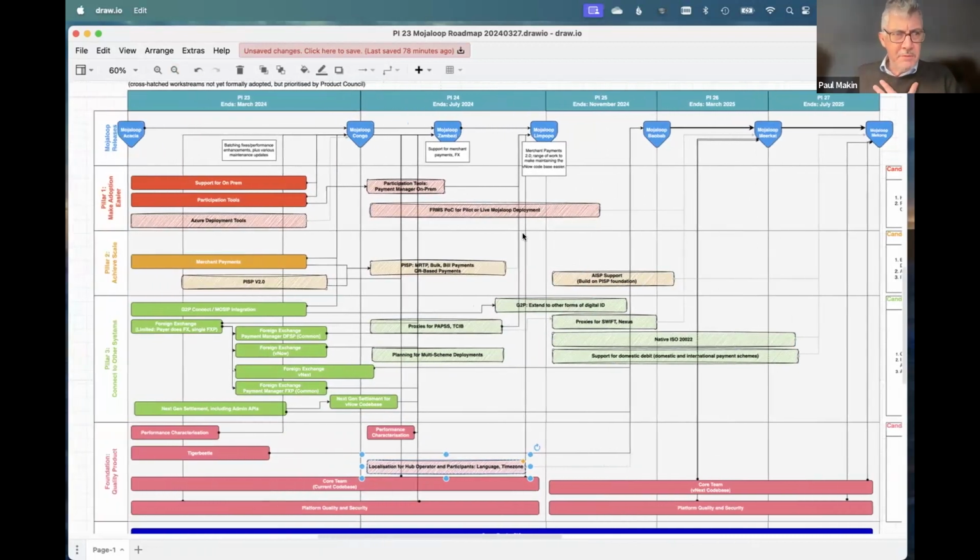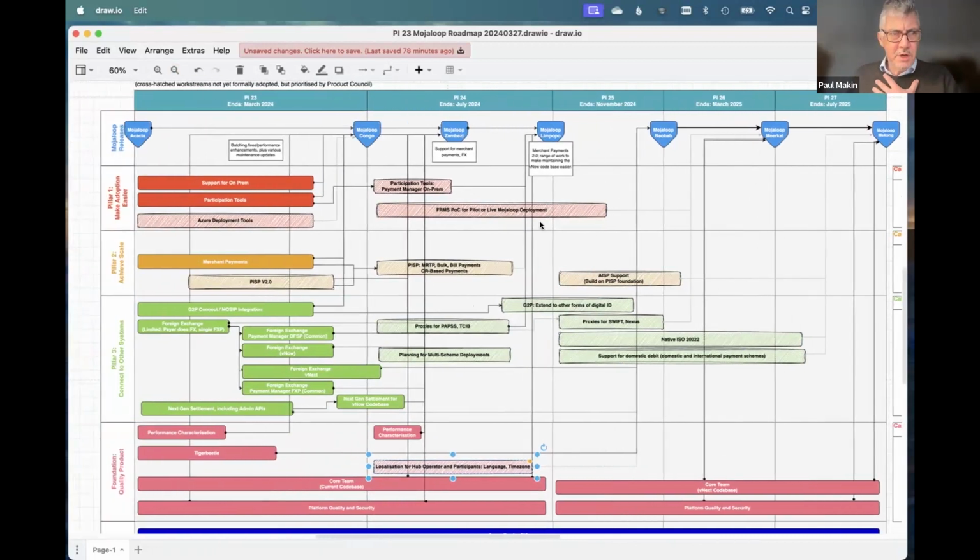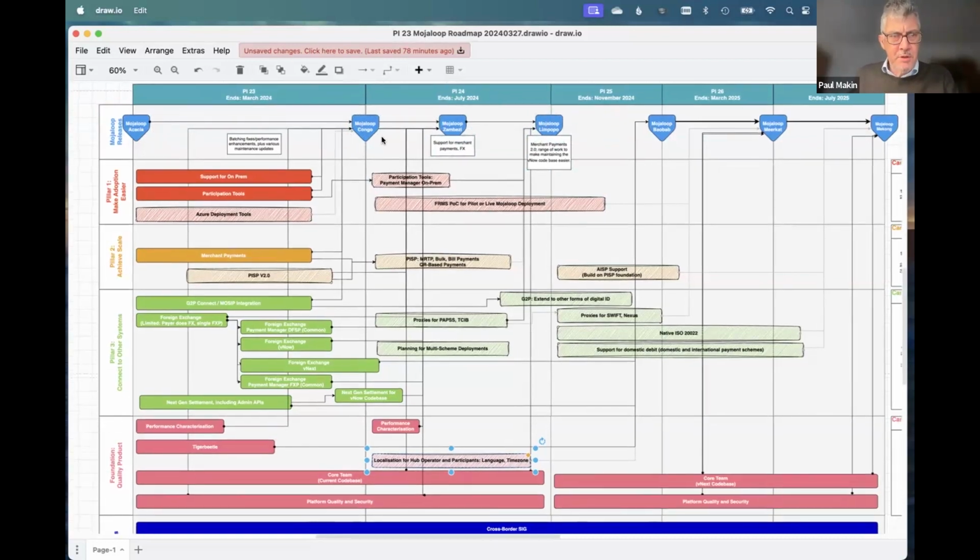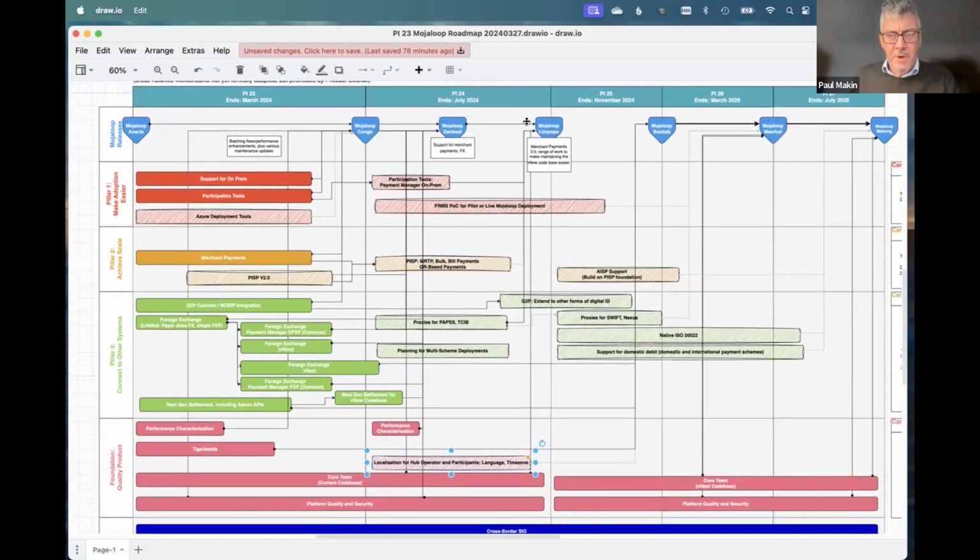Final thing to say before I finish, sorry, two final things. First of all, you can see here that each of these Moduloop releases relies on the previous release, because each builds on, in this case, the VNow code base.